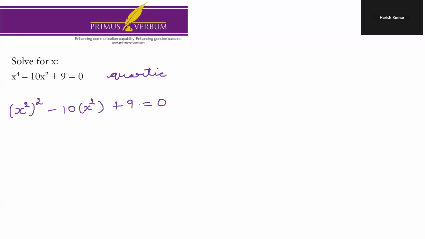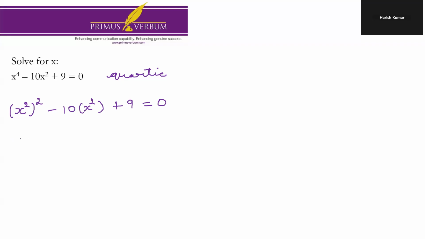So basically, this looks like a quadratic equation, and the only thing is that the basic variable is now x square, instead of x as the variable.